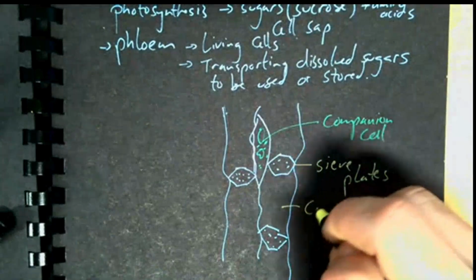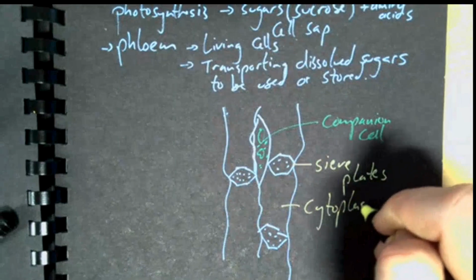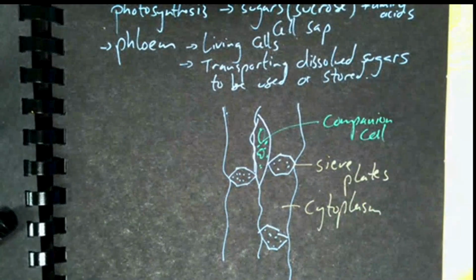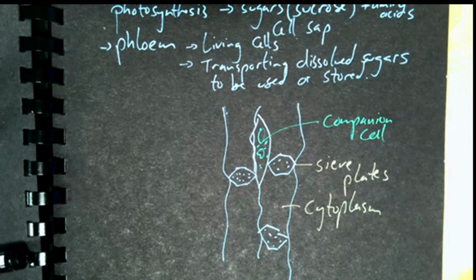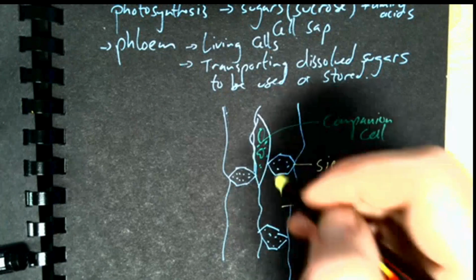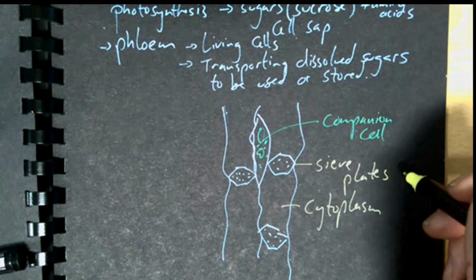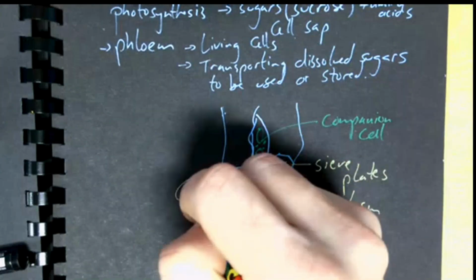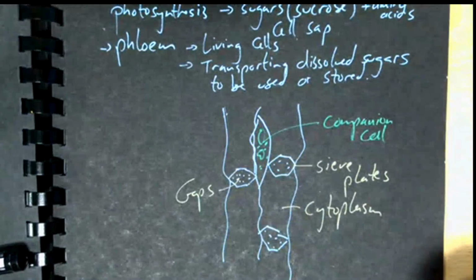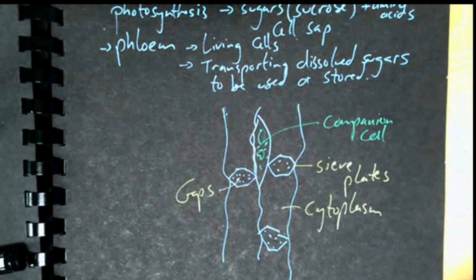Then got the cytoplasm. And there are gaps in this cell wall of the sieve plate, which are going to allow things to pass through.